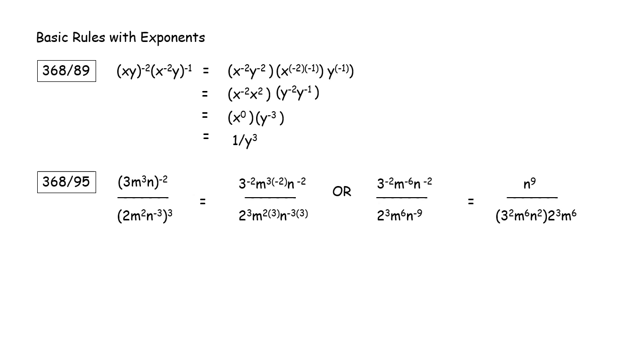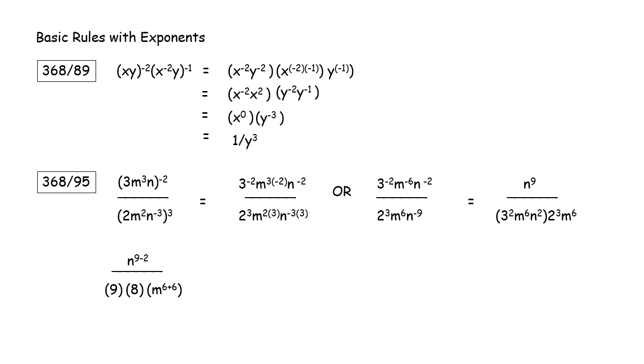Now we can combine the bases. If you have a similar base, the exponent can be either added or subtracted depending on whether it's multiplication or division. So for n, we have a 9 in the numerator and a 2 in the denominator, so we'll subtract their exponents. We can resolve 3 squared, which is 9, and 2 cubed, which is 8.